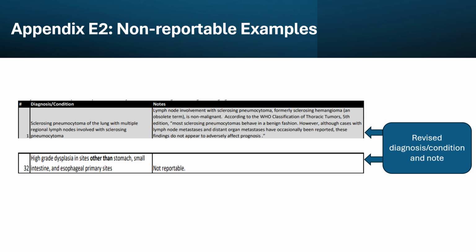So it goes to tell us that most of these behave in a benign fashion. However, although those cases with lymph node metastasis and distant organ involvement have occasionally been reported, these do not appear to adversely affect prognosis. So these are considered non-malignant. Lymph node involvement with sclerosing pneumocytoma is non-malignant.